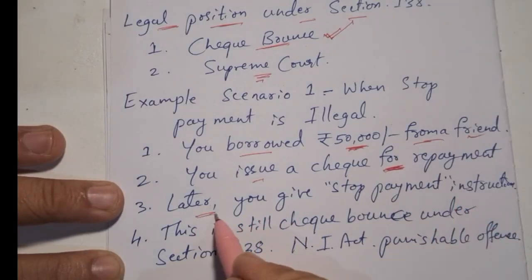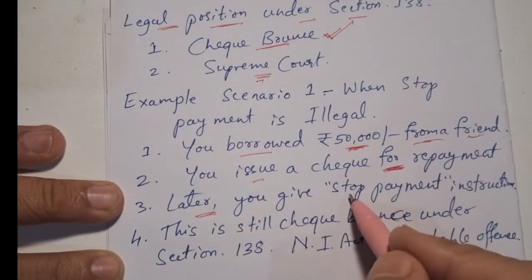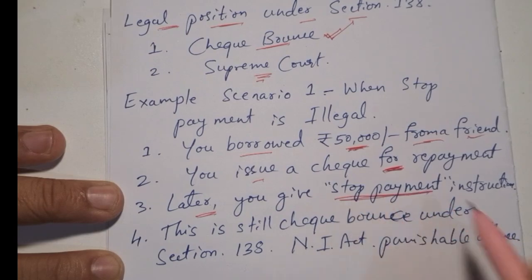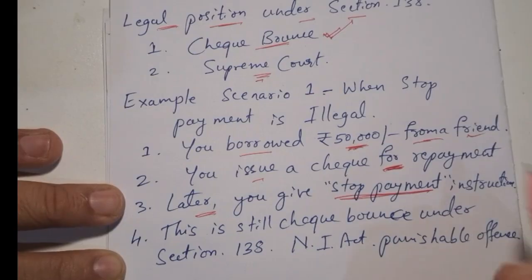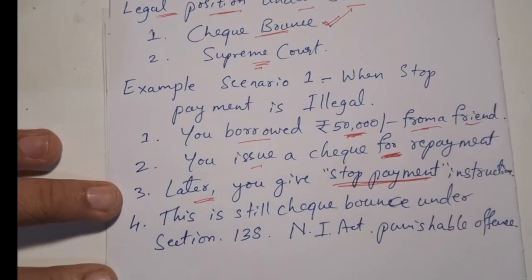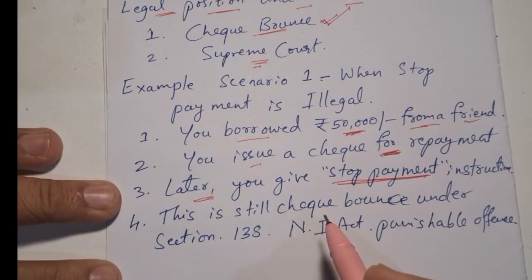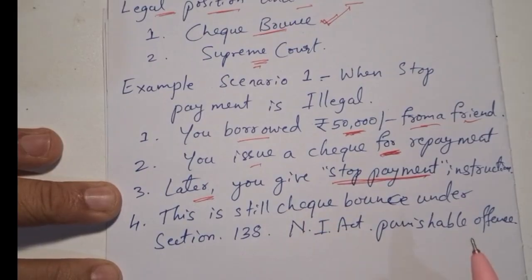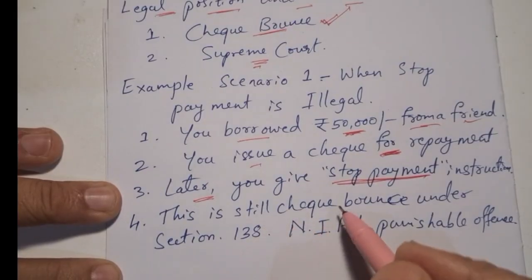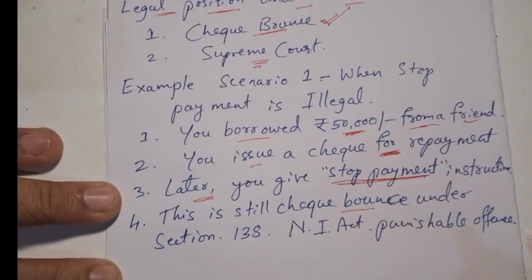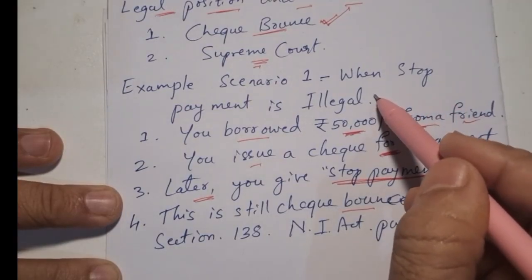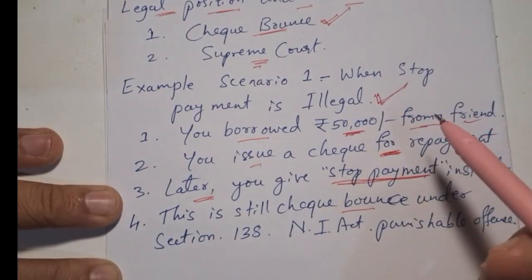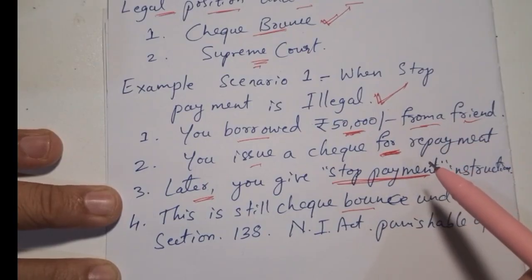Later, you go to the bank and give stop payment instructions to the bank not to clear the check which you have already given to your friend. Under Section 138 of the Negotiable Instruments Act, this is still a check bounce case and a punishable offense, because there is a legal liability to pay 50,000 to your friend.